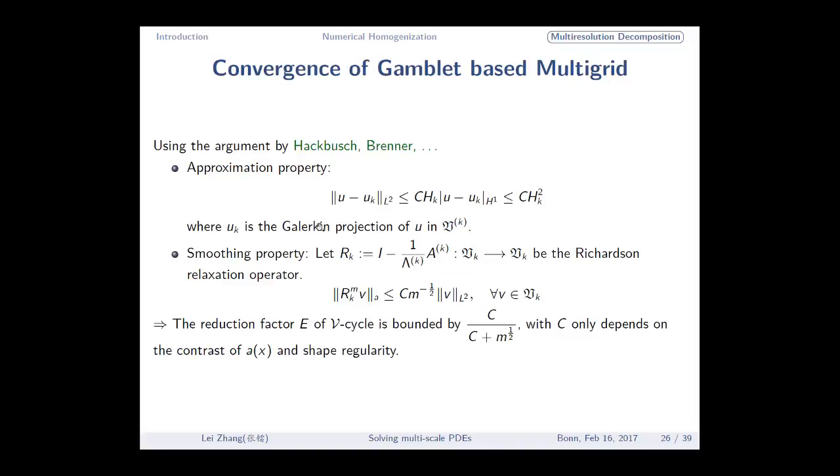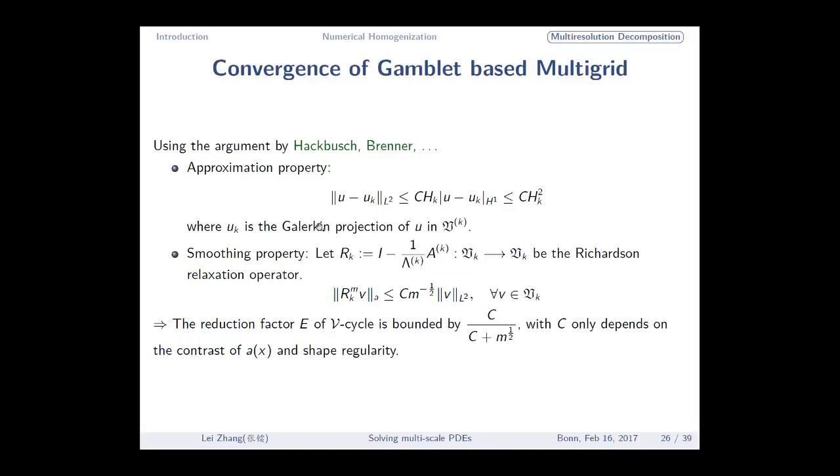So we want to prove the convergence of gamblet-based multigrid. Because of all these good properties of the gamblet subspaces, it's actually very easy. We have these arguments from Hackbusch and Brenner: the approximation property and the smoothing property, which is what we want to prove.